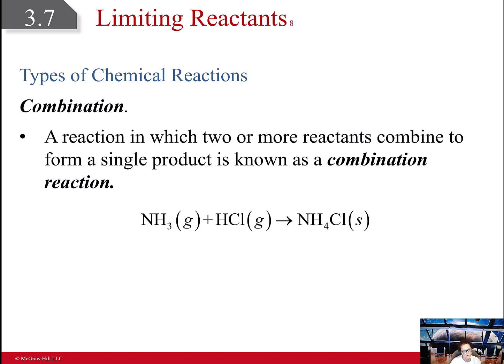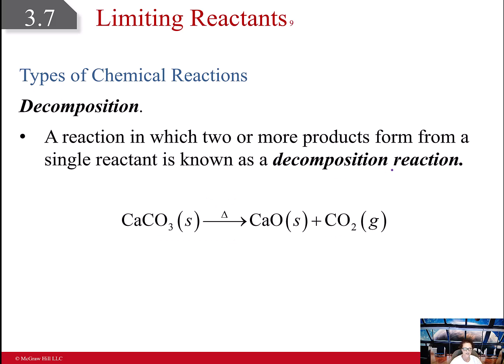So if you have two things in your reactants and you make one thing in your product, you have combined two things to form into one, so that is called a combination reaction. If you start with one thing and you bust it apart into two or more things, you have decomposed it, so that's called a decomposition reaction.